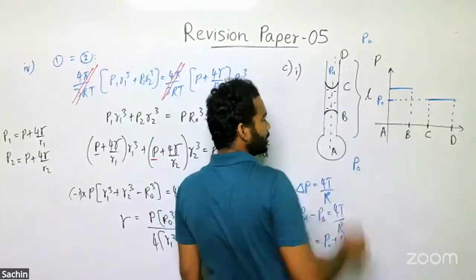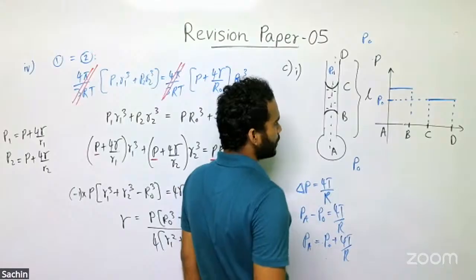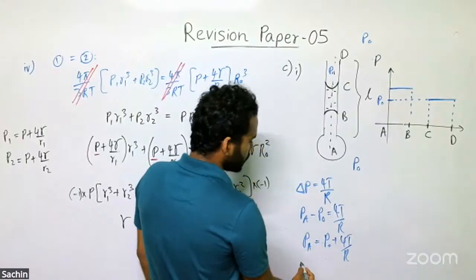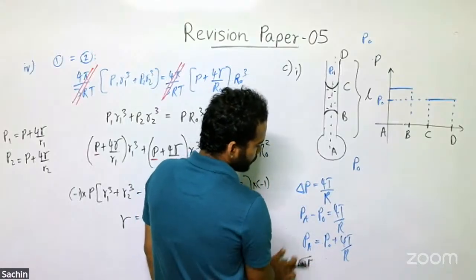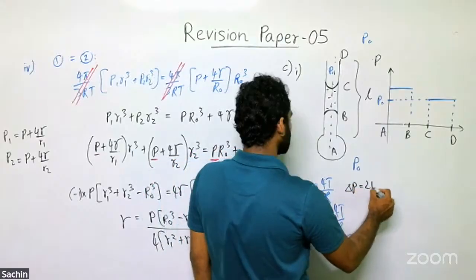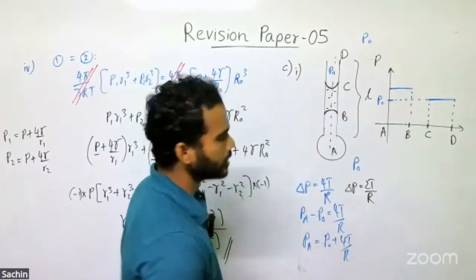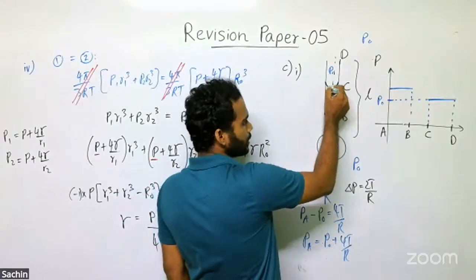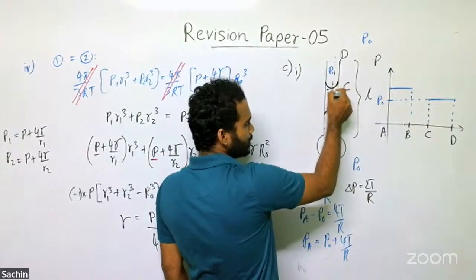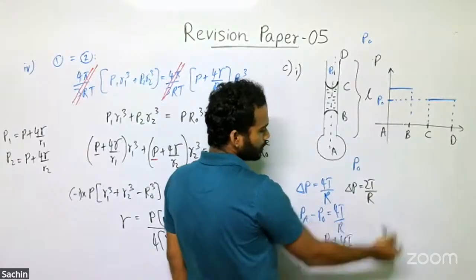Just before the meniscus, it is atmospheric pressure. But just after the meniscus, what will happen? If there is a meniscus, there is a pressure difference. Sorry, not 4T upon R, it is 2T upon R. If there is a liquid meniscus, one side of the meniscus has the liquid, so the pressure difference is given by 2T over R.